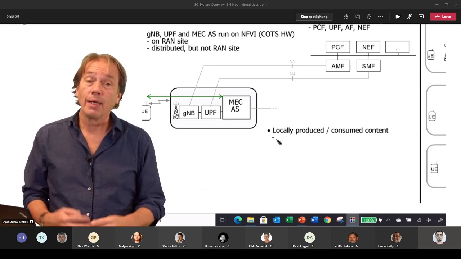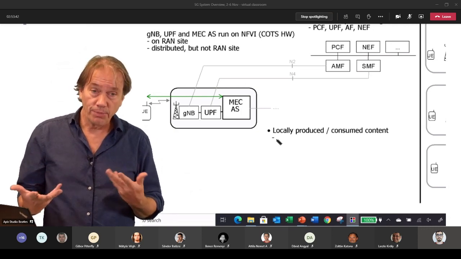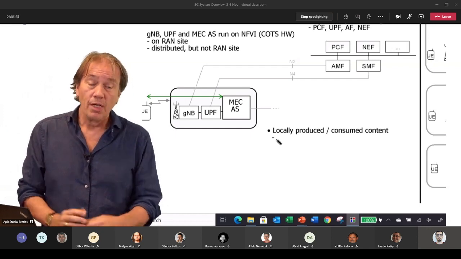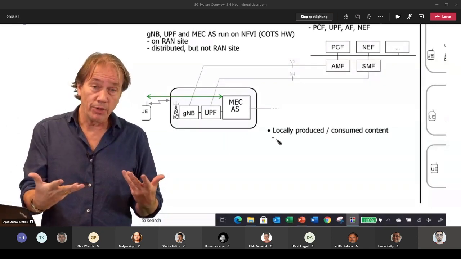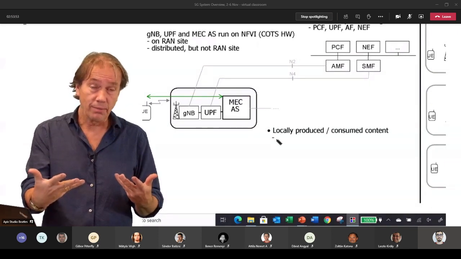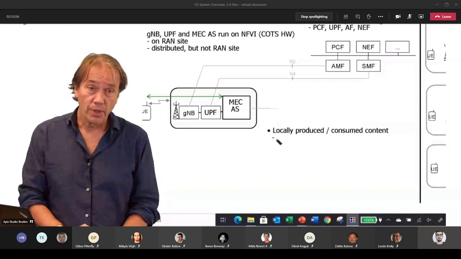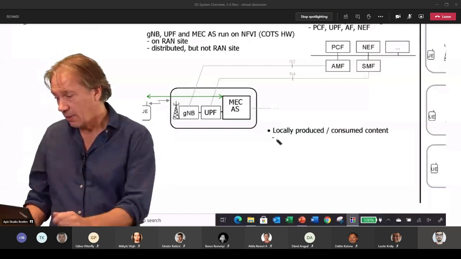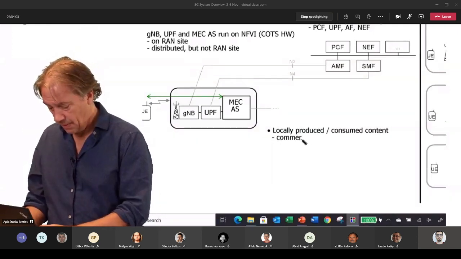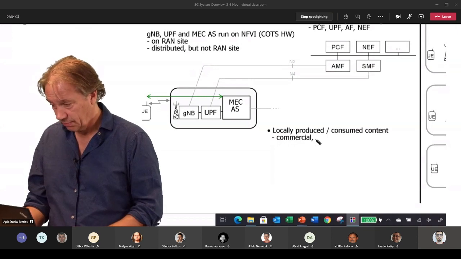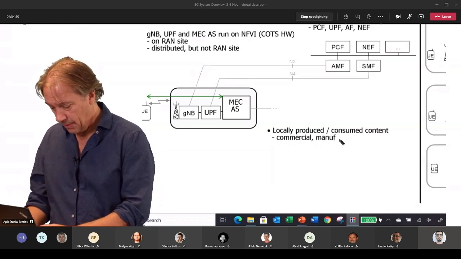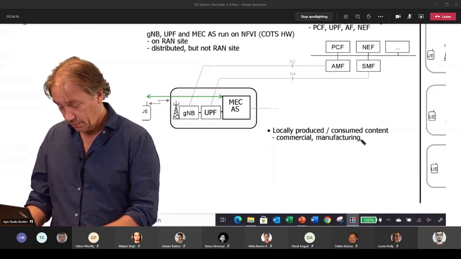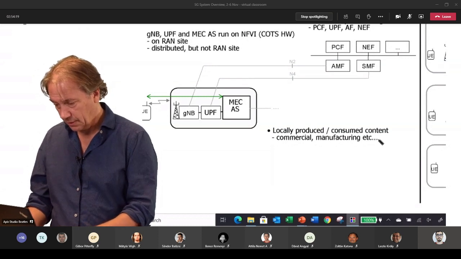It can be for manufacturing, it can be a hospital, it can be some commercial content. Maybe if you go to a sports event, you will be able to watch replays on your smartphones or pads or pods. That's local content. So commercial, manufacturing, etc.